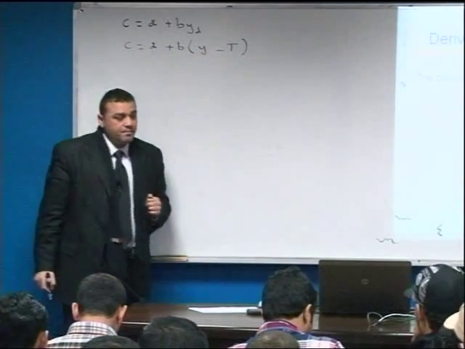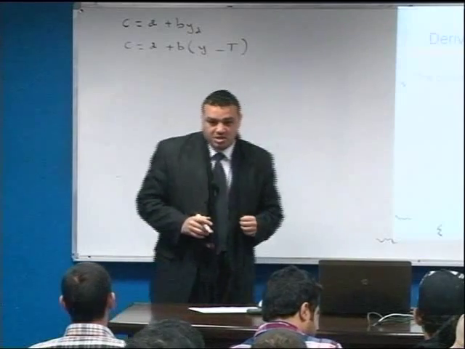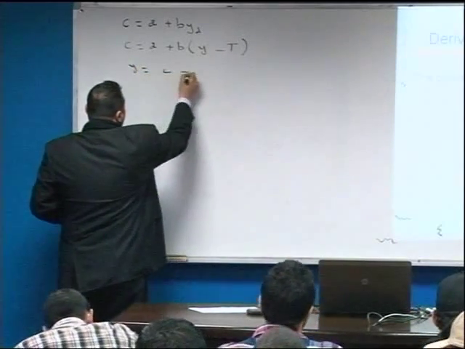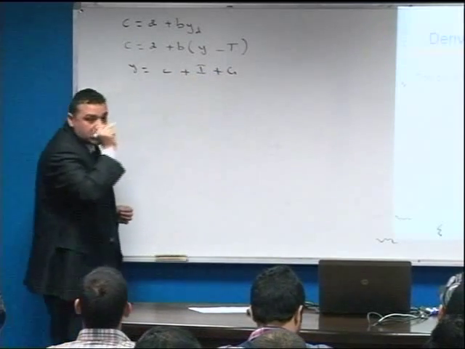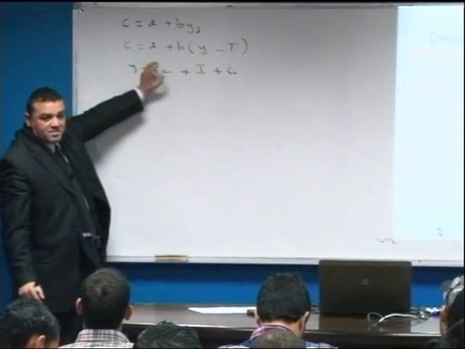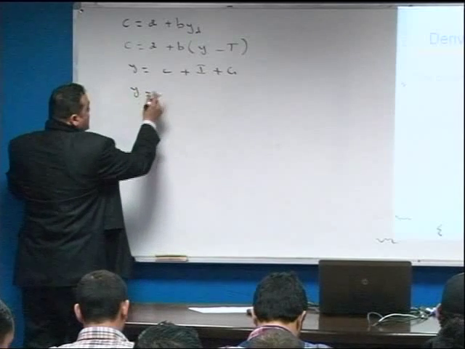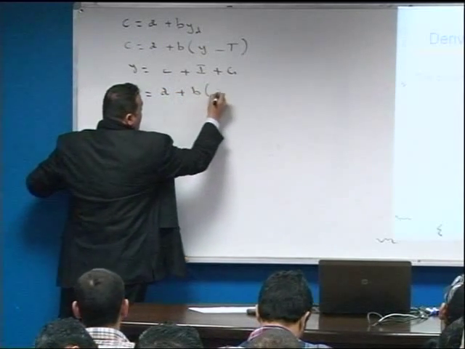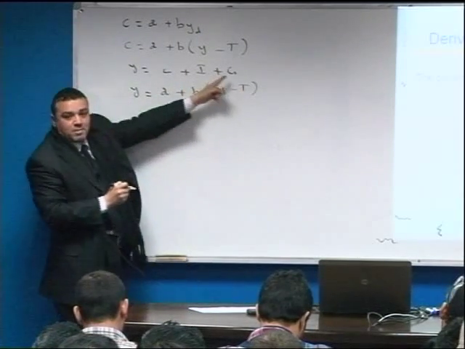At equilibrium, the aggregate output equals the aggregate expenditure, or Y equals C plus I plus G, right? Let's do a substitution of C here. So Y equals A plus beta times Y minus T, plus I plus G.